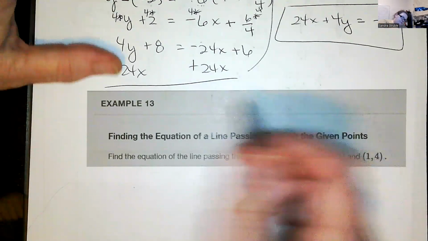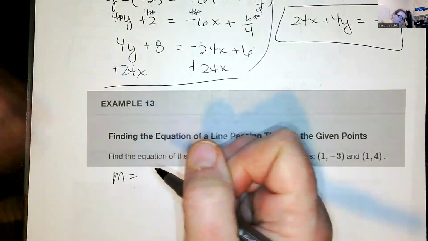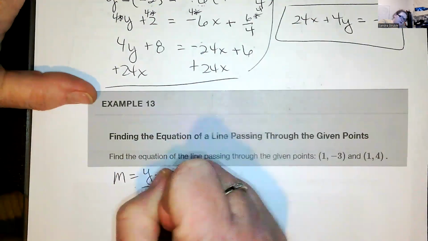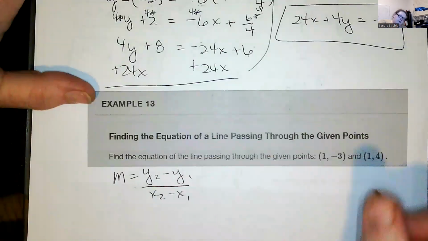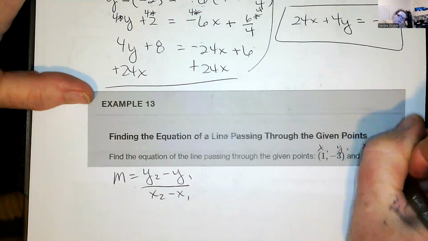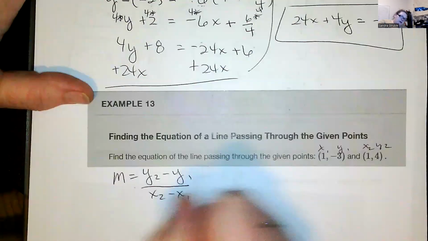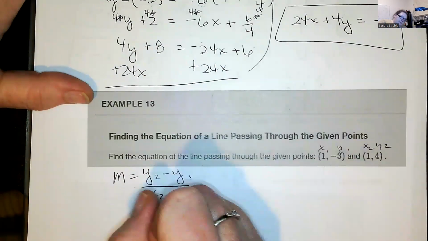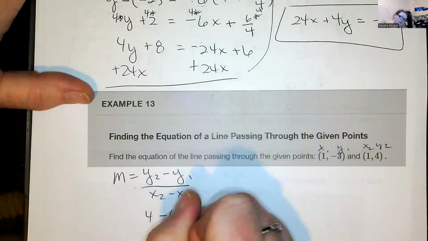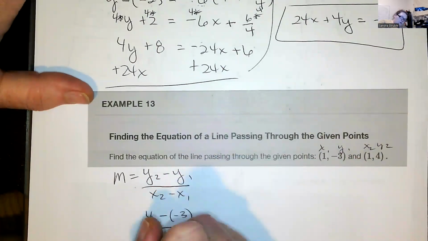Okay, so we're going to start by finding the slope, and that's y sub 2 minus y sub 1 over x sub 2 minus x sub 1. Label my points, x1, y1, x2, y2. Start plugging and chugging. Y sub 2 is 4 minus negative 3 over 1 minus 1.